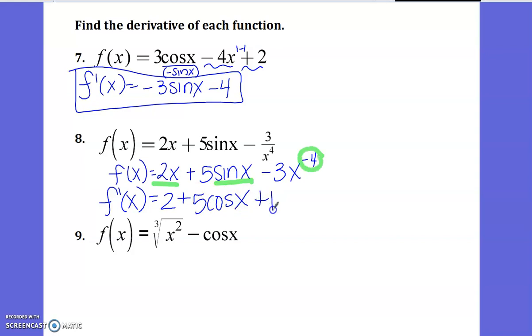Moving this out front becomes 12x to the negative 5th, because you minus 1 from there. And then, of course, we got to rewrite it because of that. So we have 2 plus 5 cos x plus 12 over x to the 5th.